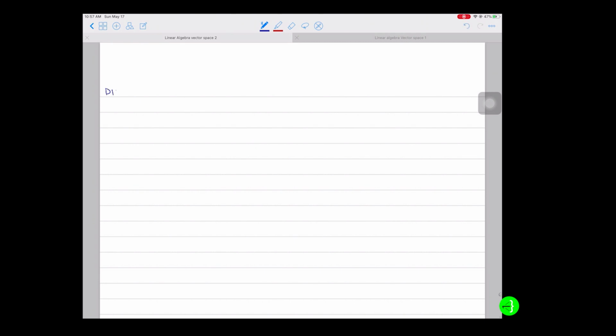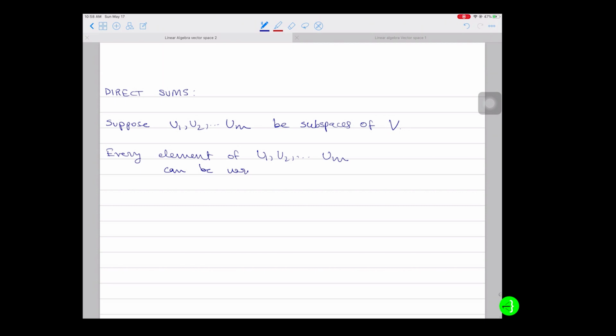The next thing we talk about is direct sums. So if we have u1, u2 be subspaces of V, then every element of such a subspace can be written in the form u1 plus u2, such that these small u's are an element of the subspace.